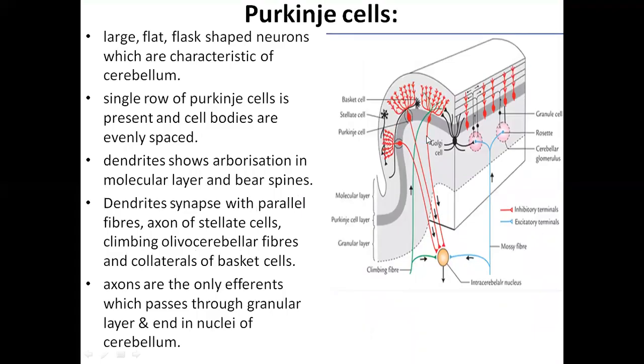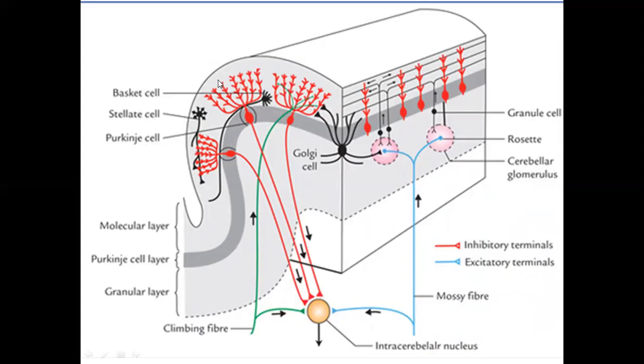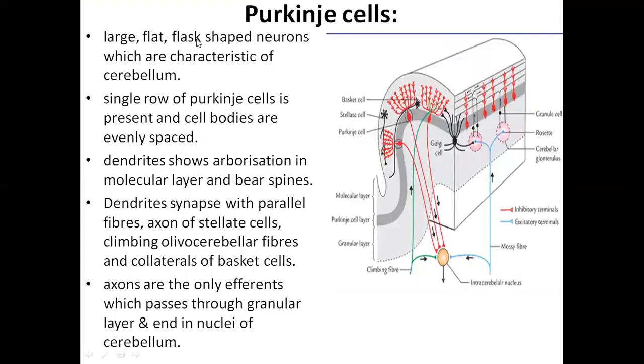The next, very important layer, the Purkinje cell layer, comes as a short note. This Purkinje cell, if you just look at it, looks flask shaped. This red one is the Purkinje cell. Flask-shaped neurons are a characteristic feature of cerebellum, and show one row of Purkinje cells.